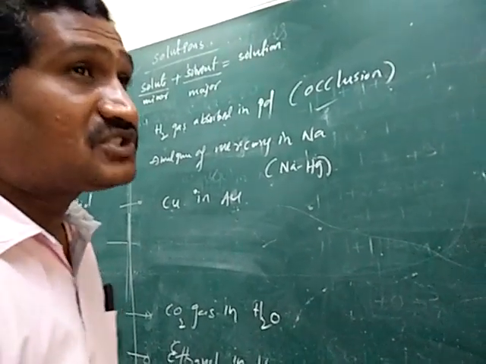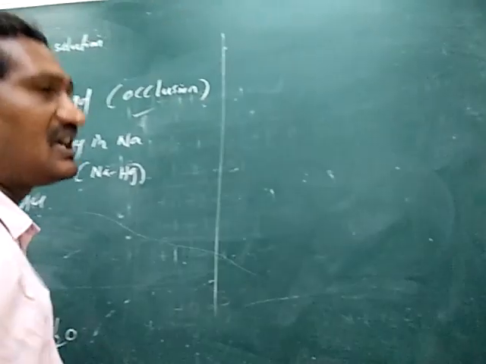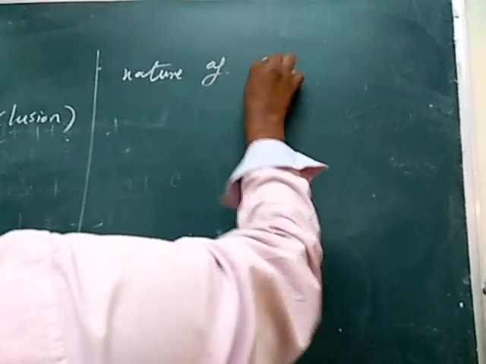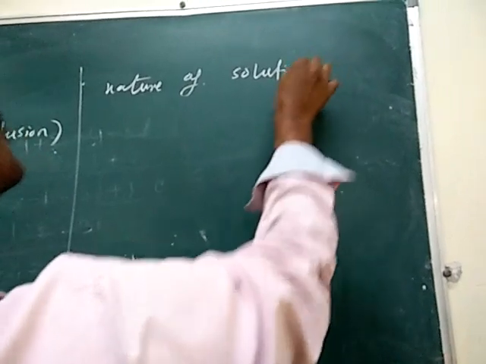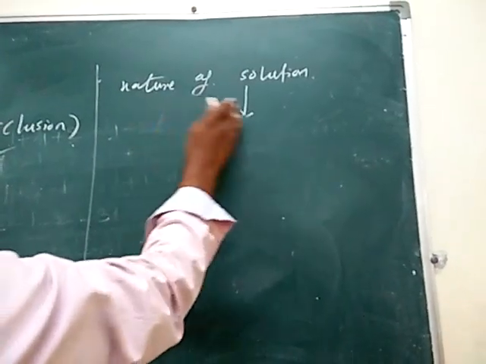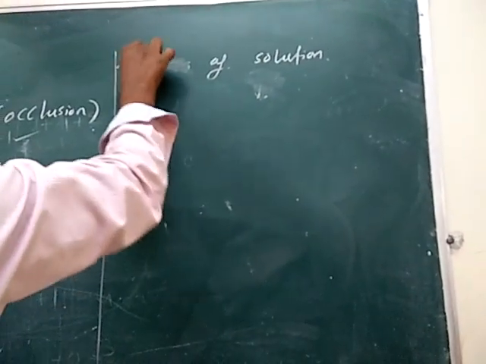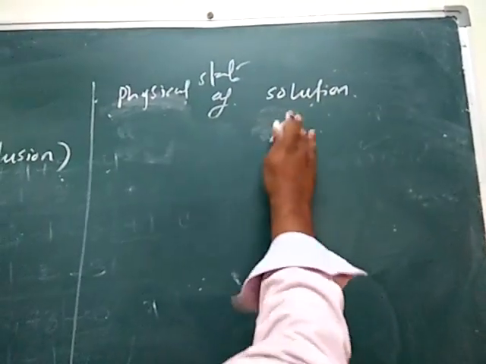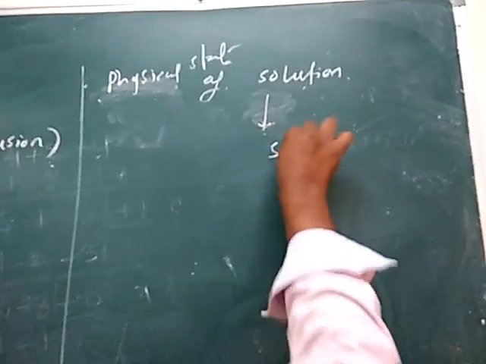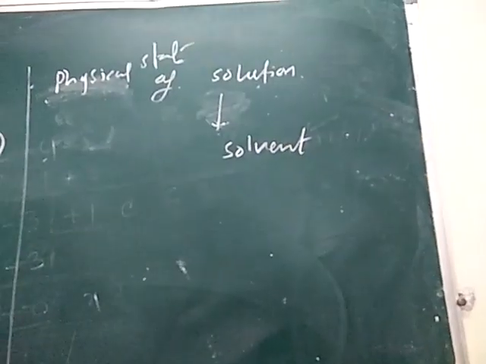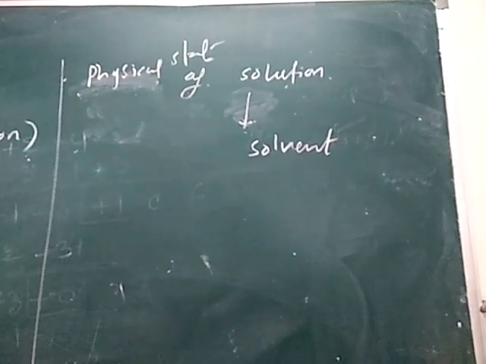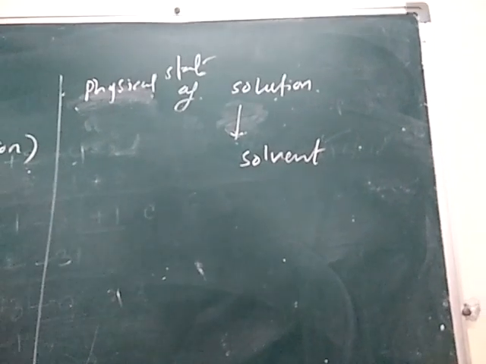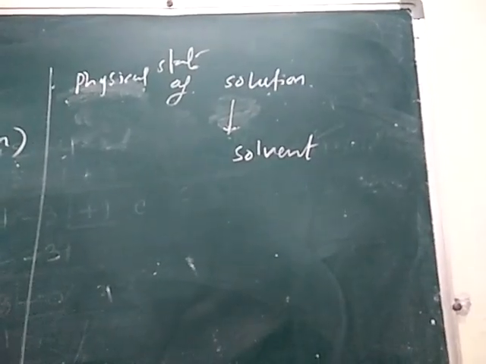The nature of the solution, that means its physical state, is decided by the solvent. If the solvent is liquid, the solution also appears in liquid state. If the solvent is gas, then the solution is also in gaseous state.